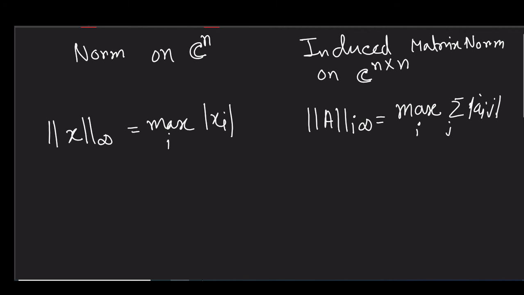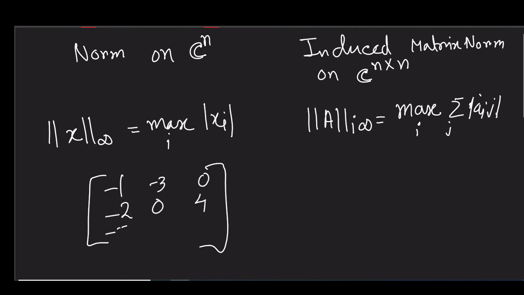you have to take the row sum. If I give you one matrix, -1, -3, 0, -2, 0, 4, -5, -6, 0, then basically you will have the maximum over i from 1 to 3.